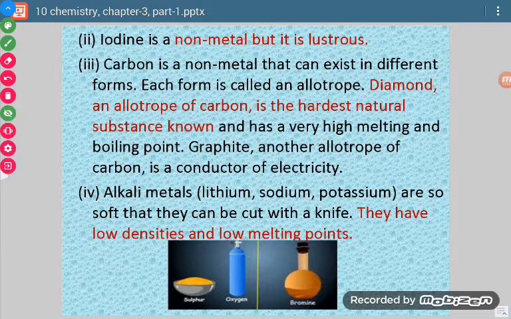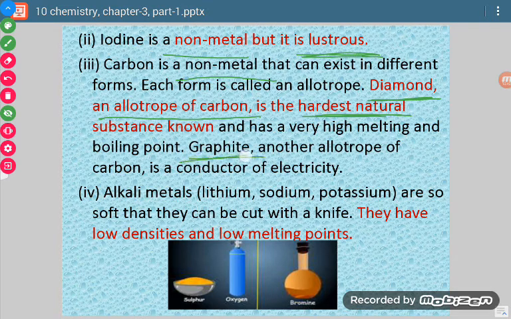Iodine is a non-metal, but it shows metallic luster. Carbon is a non-metal, but in one of its allotropic forms, diamond, it is the hardest known substance, and another allotropic form is graphite, which is a good conductor of electricity. Alkali metals are so soft that they can be cut with a knife.